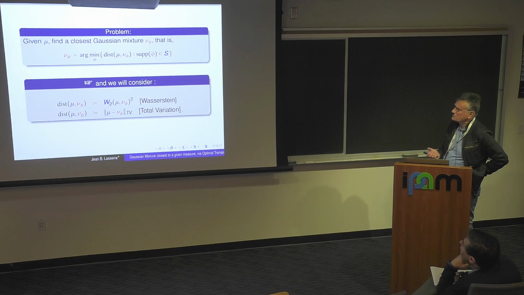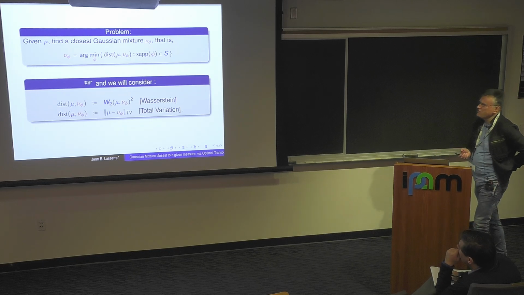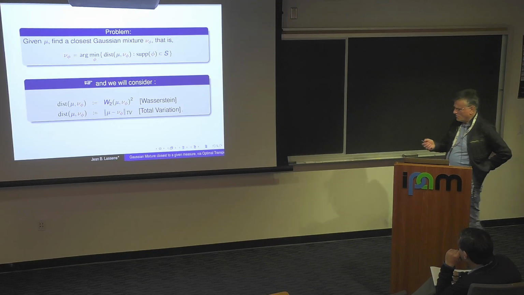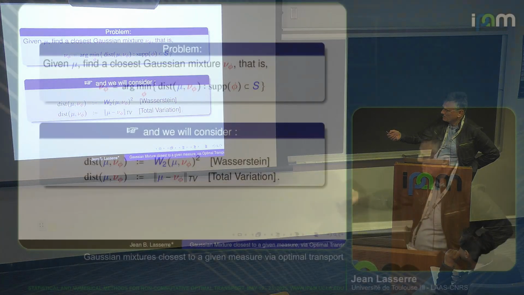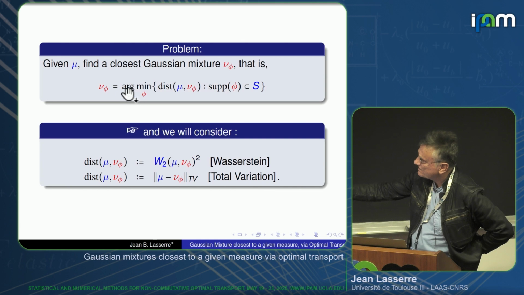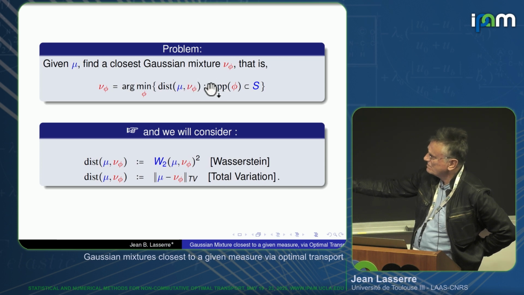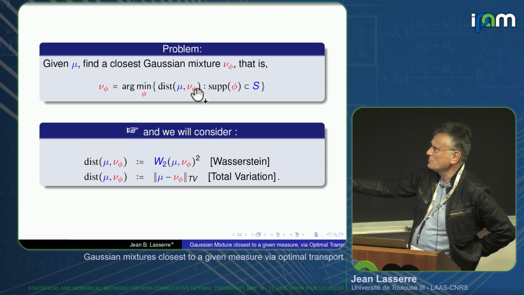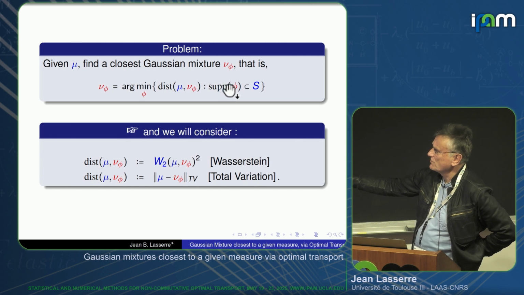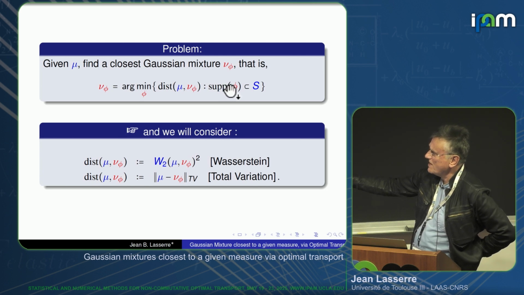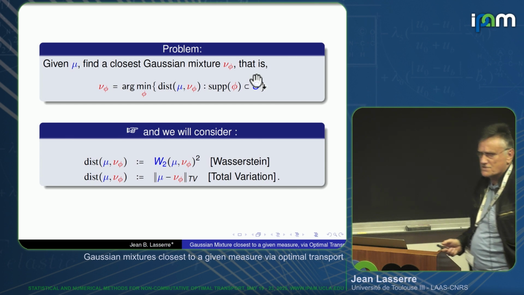The statement of the problem is quite simple. Given mu, which is given through its moments, find the closest Gaussian mixture nu_phi, which minimizes the distance between mu and nu_phi among all possible Gaussian mixtures nu_phi where the mixing measure phi is supported on S. Is it clear?